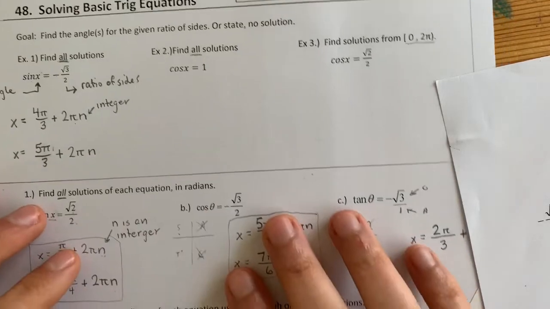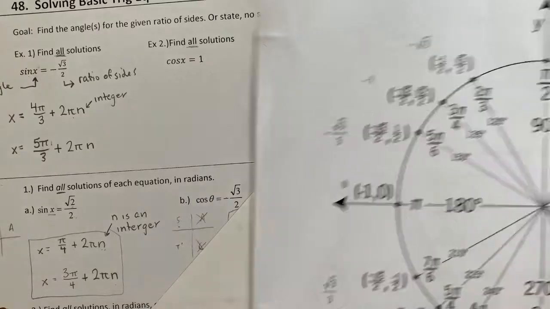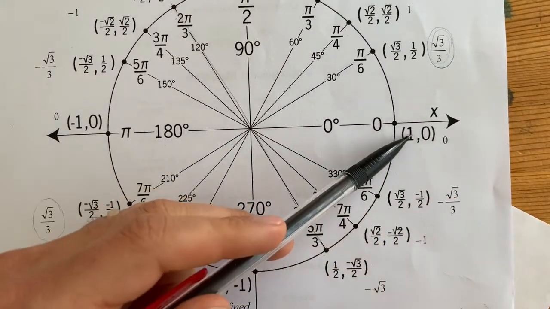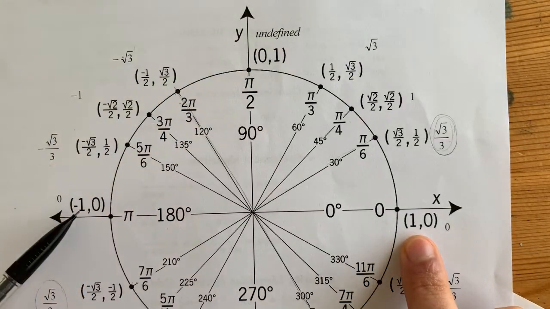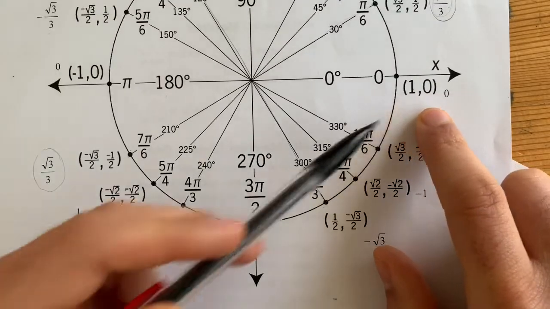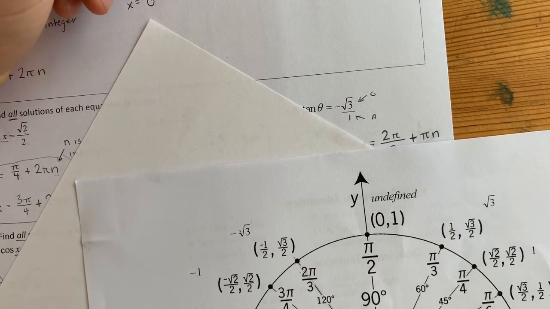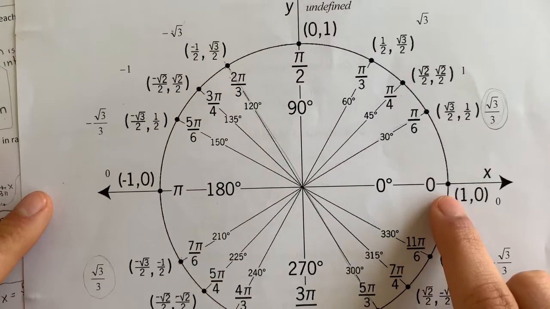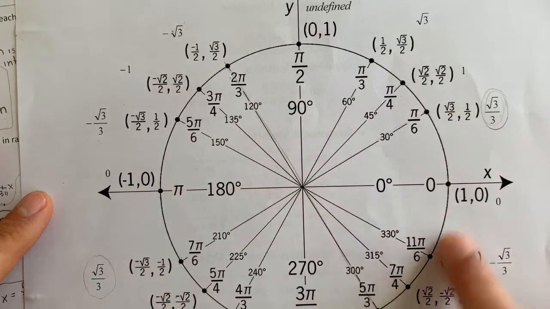All right, let me just finish up these problems here. For cosine x equaling 1, we can see from the unit circle, cosine is the x coordinates, equaling 1 would be just here. So the answer is x equals 0 radians, but I can continue and get to this point again by adding 2 pi, and another 2 pi, and another 2 pi.